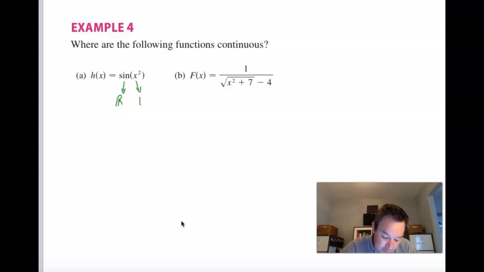X squared is also continuous for all real numbers. Okay? Well, when you compose two functions that are continuous for all real numbers, you're going to get a function that's continuous for all real numbers. So that's just the set R, and it stands for the set of all real numbers from negative infinity to infinity.